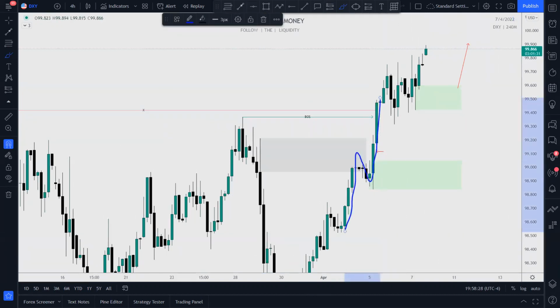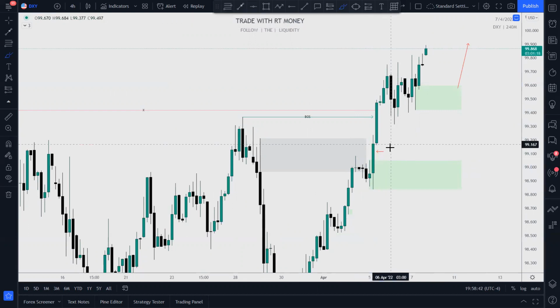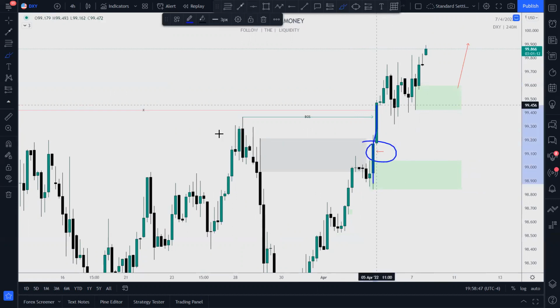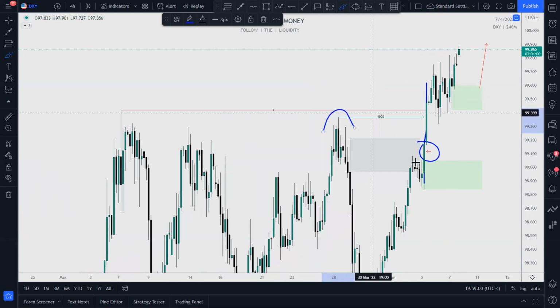What do I like to do? I like that reaction. I make note of it, because if price returns back here, this is a valid zone of supply that left an imbalance that broke a pivotal high, something important like a structural high, a higher high, higher low.